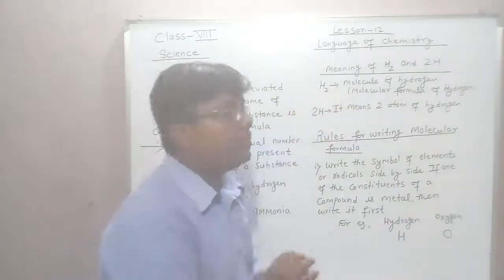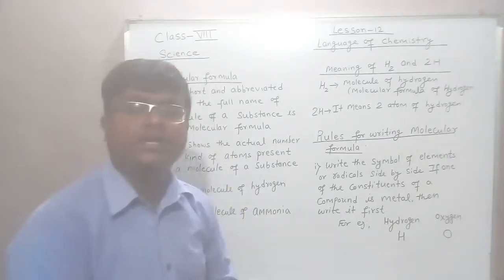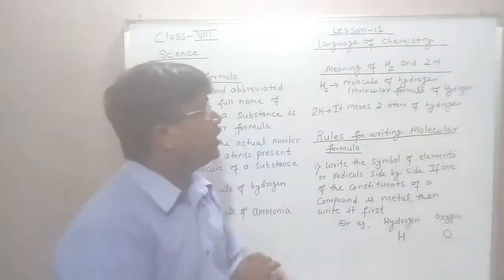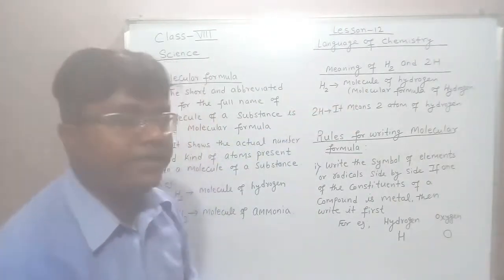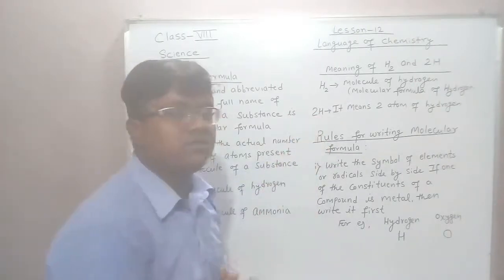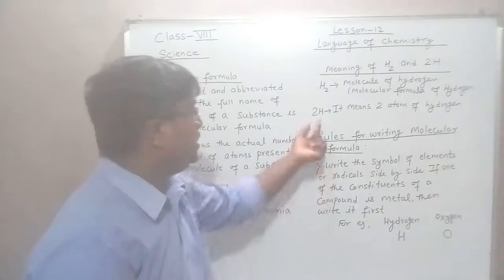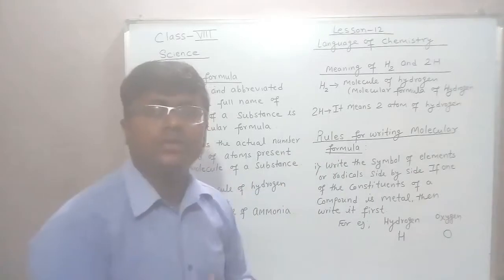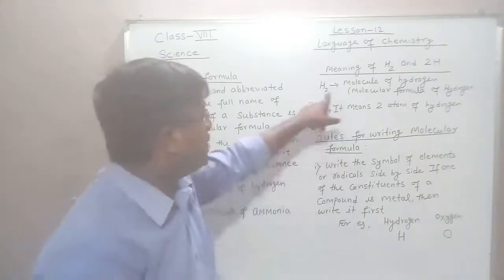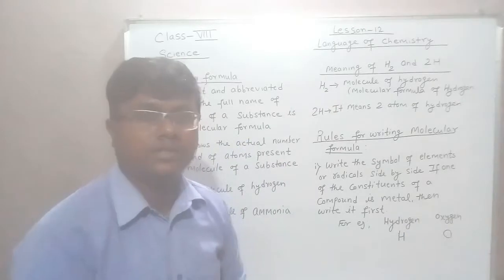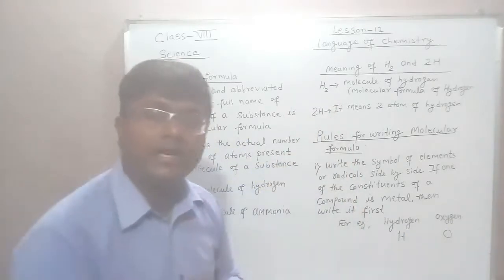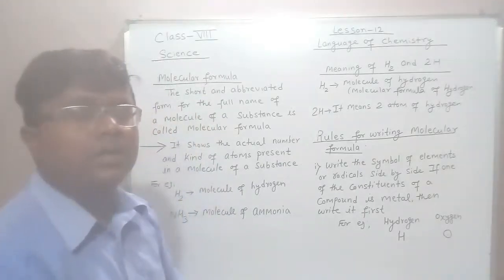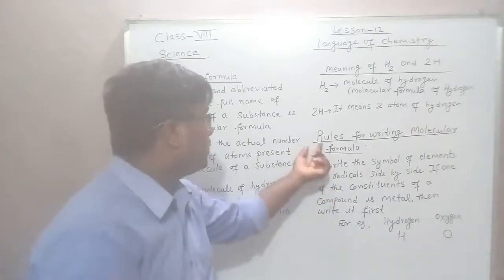H2 represents a molecule of hydrogen, or it is the molecular formula of hydrogen. Similarly, 2H represents two atoms of hydrogen. So H2 means a molecule of hydrogen, and 2H means two atoms of hydrogen. Is it clear?